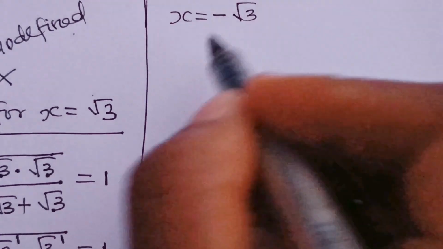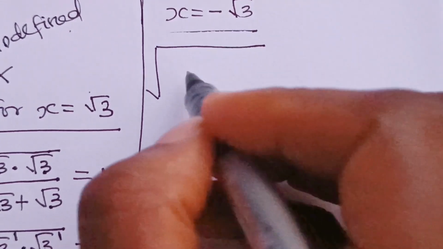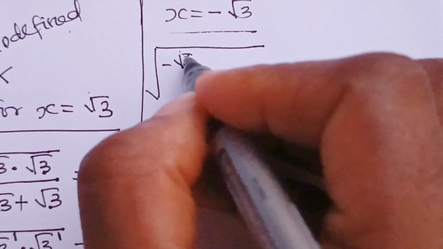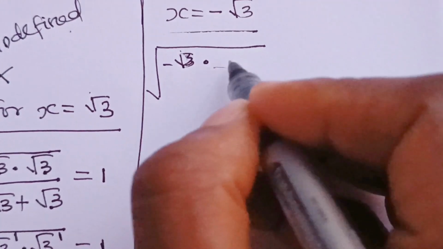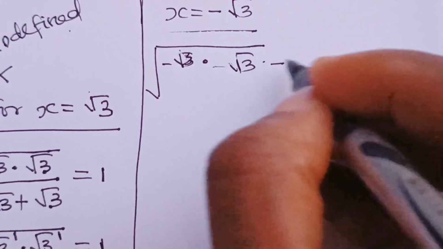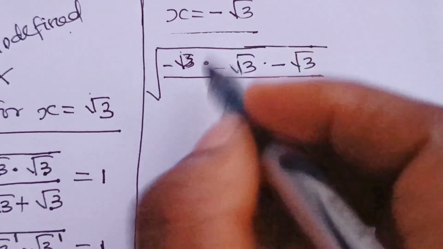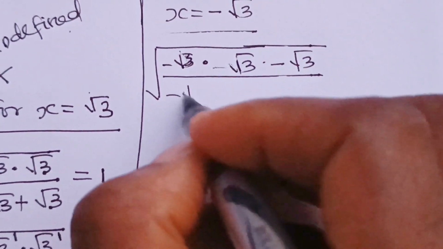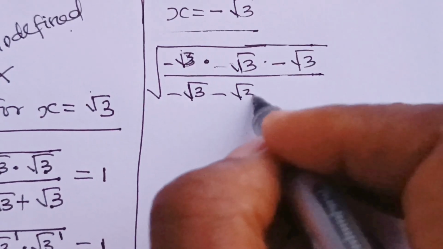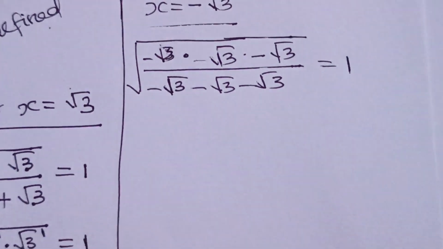For x equals minus root 3, we have the square root of minus root 3 multiplied by minus root 3 multiplied by minus root 3, divided by minus root 3 plus minus root 3, which is the same thing as minus root 3 minus root 3 minus root 3, and this is equal to 1.